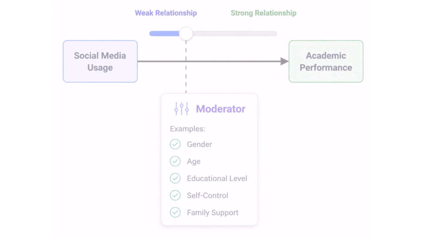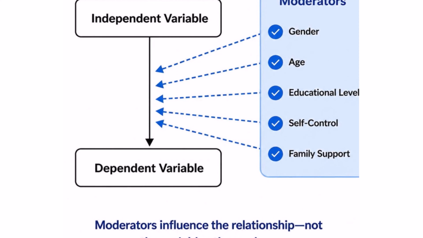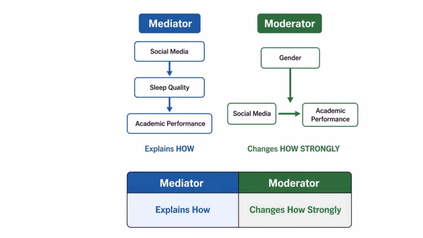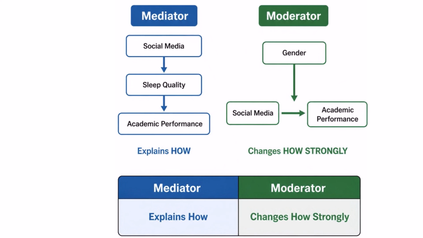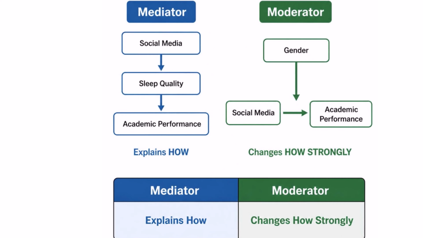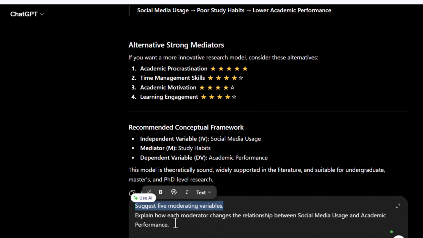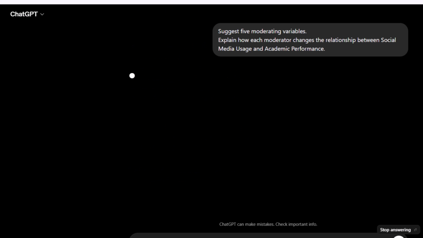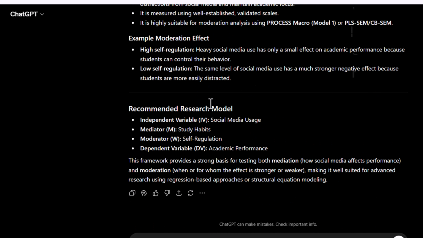These are moderators. Example: social media usage, then academic performance, moderated by gender, age, educational level, self-control, family support. Suggest 5 moderating variables. Explain how each moderator changes the relationship between social media usage and academic performance.